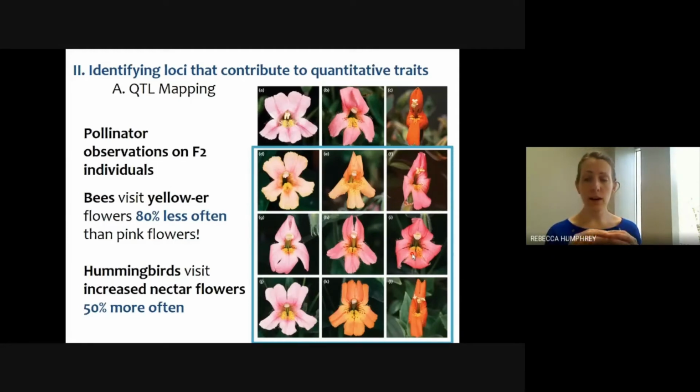Hummingbirds seem to be keying in on the amount of nectar. So they visit flowers that have more nectar more often than flowers that have less nectar. Okay, so we're thinking these are two traits that are strongly influenced in the evolution of these two species.